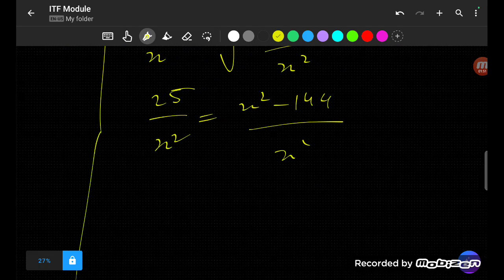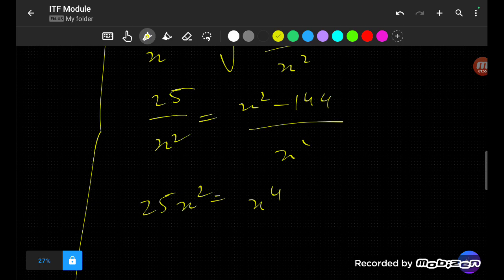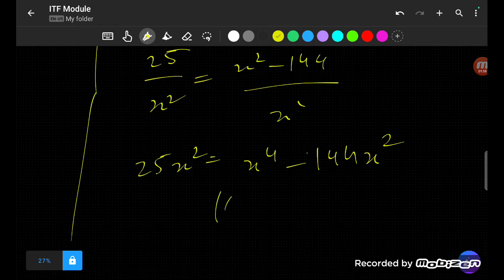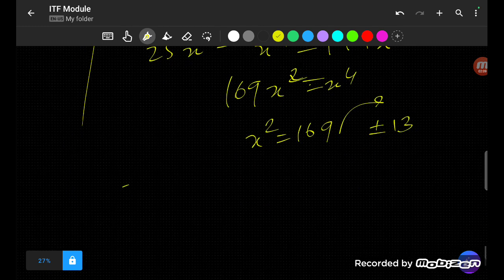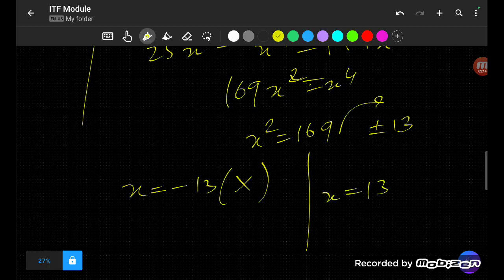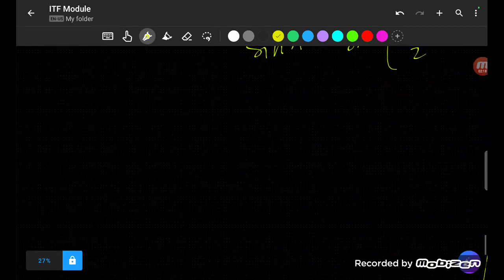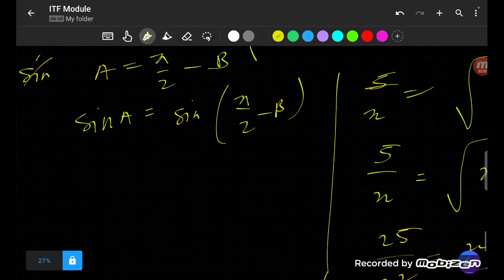So 25 x square is equal to x to the power 4 minus 144 x square. So 169 x square equals x to the power 4. So x square equals 169, which is just plus minus 13. X equals minus 13 is rejected, so the answer is x equals 13. That's the answer.